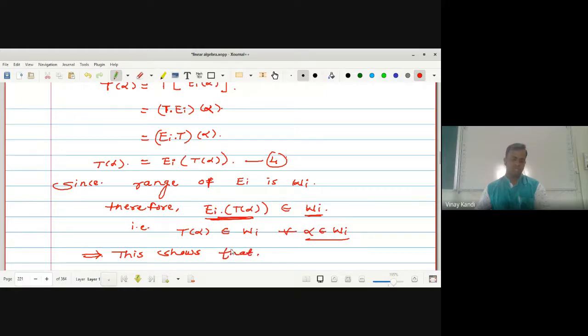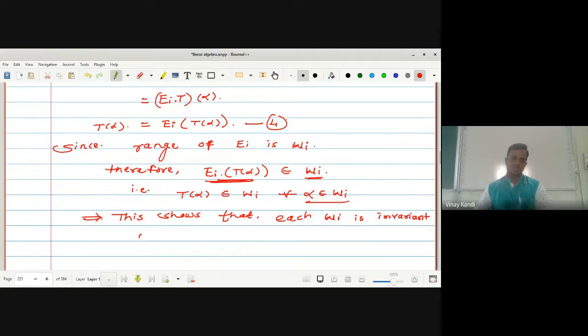This shows that each Wi is invariant under T. Any doubt? No, sir.